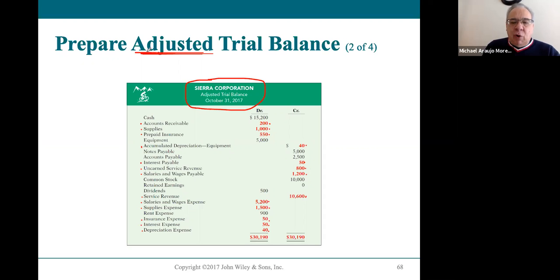So after all of those adjusting entries, remember the path that they take, right? Anything you write into the journal gets posted in the ledger. If it's in the ledger, that means the balances have changed. So we do a trial balance to make sure the ledger is balanced, right? Meaning the accounts with the debit balances are listed in the first column.